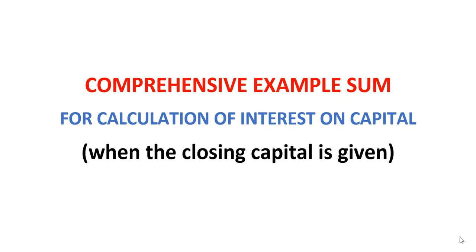So when the closing capital is given, depending on which capital method is being followed, whether the fixed capital method or the fluctuating capital method, we will need to calculate the opening capital before going ahead and calculating the interest on capital. So in this video we will do a comprehensive example sum which will demonstrate this concept.